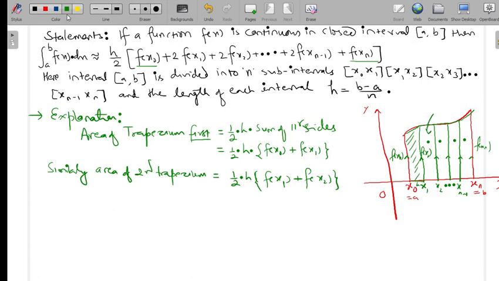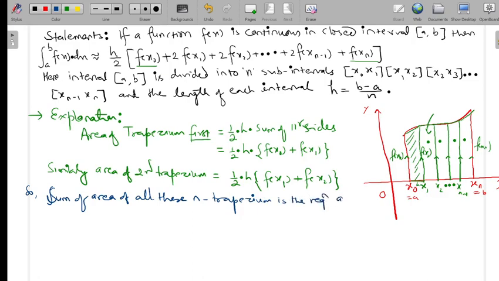So the sum of the areas of all these n trapeziums, 1, 2, 3 up to n, is the required area.